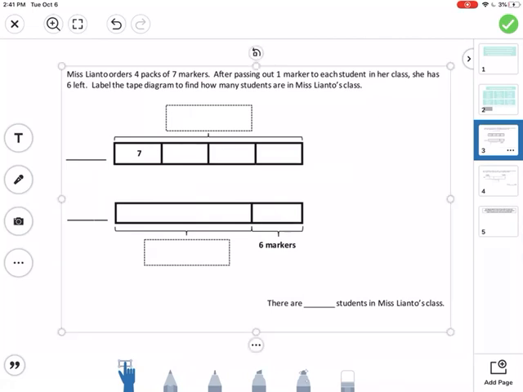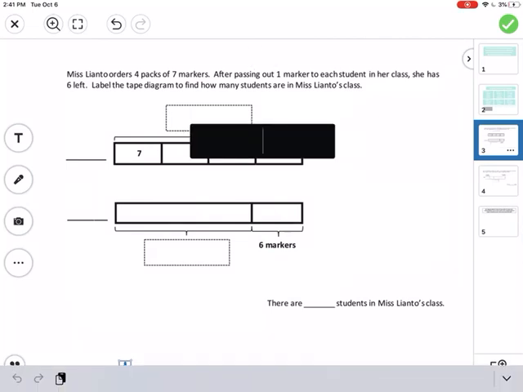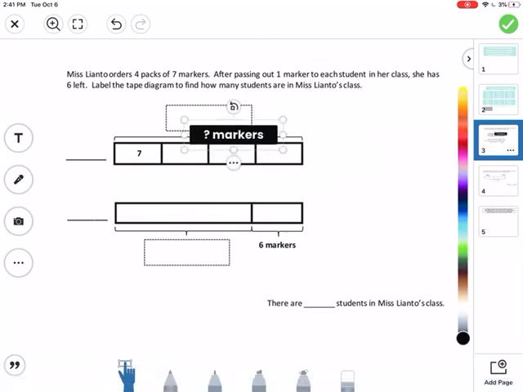So up here represents how many markers we have. The number of markers.